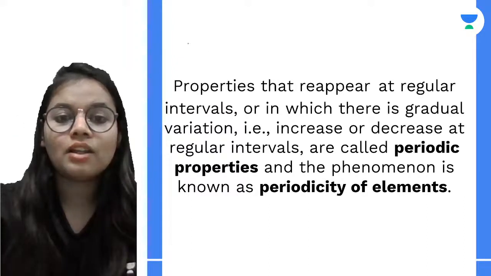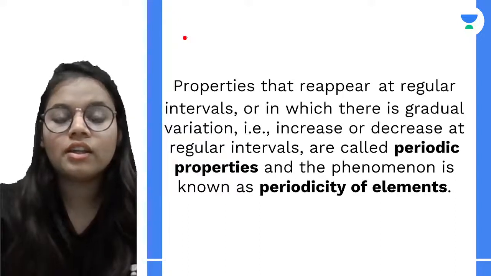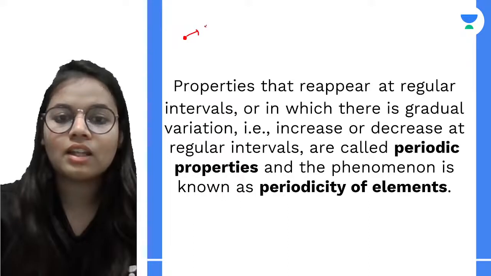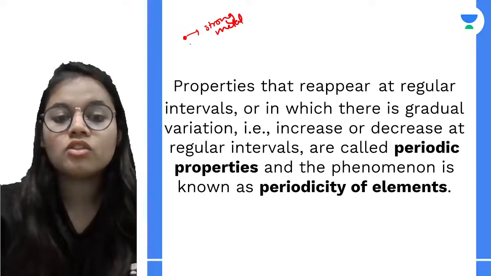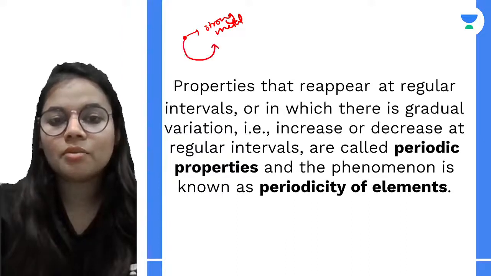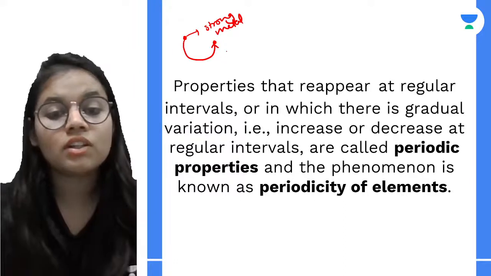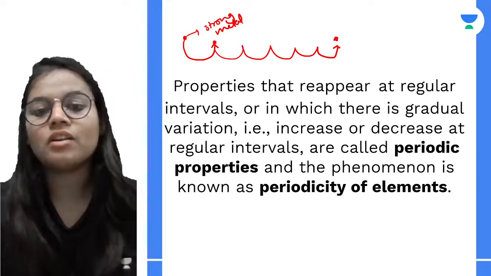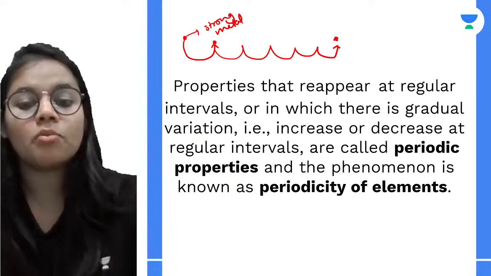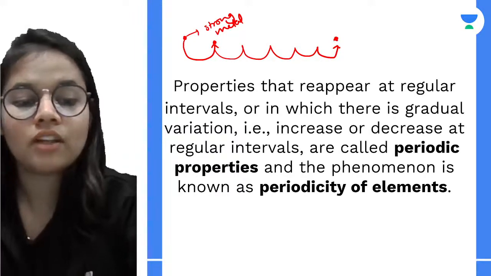For example, if an element has a good metallic property, say it is a strong metal, then the next element won't be a strong non-metal. The metallic property will decrease bit by bit, and then we will have a strong non-metal. This is how the properties actually change. I hope that is very clear.